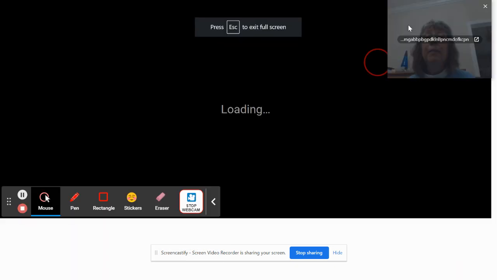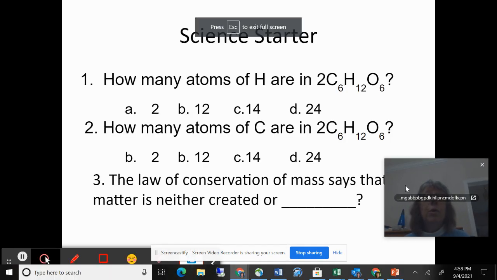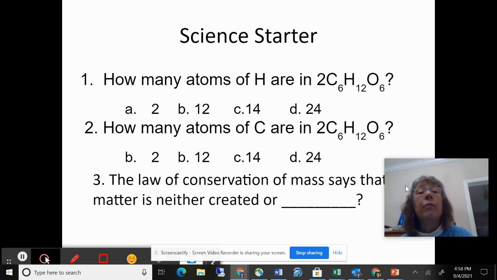Part 3. Those of you who were looking at how many atoms of hydrogen are in 2C6H12O6: A) 2, B) 12, C) 14, D) 24.